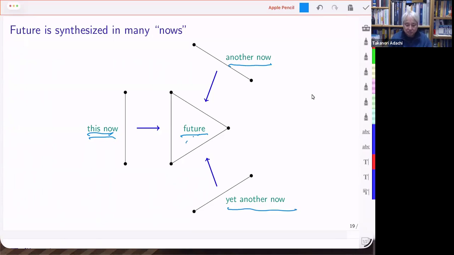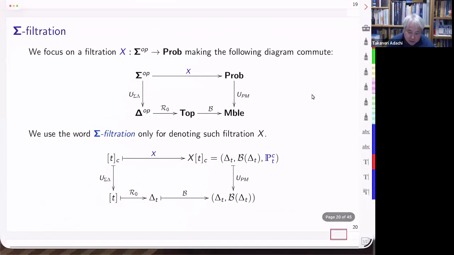So the future is not only coming from our now, but is a gathering of things we have not seen, and some may include the black swan. I'm not sure that you can use this new intuition in your theory, but let's discuss that later. Okay, and the sigma filtration. Now it's filtrations. Go back.